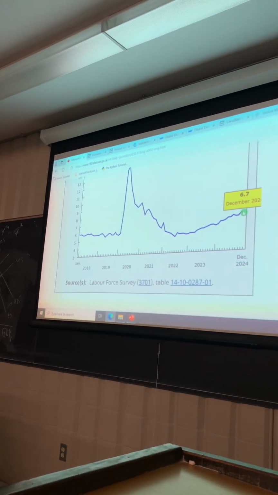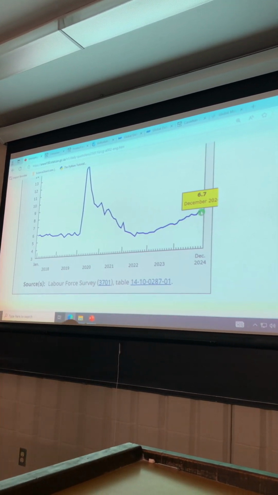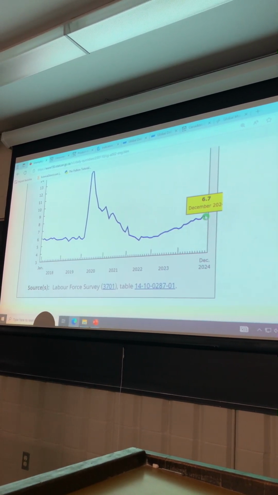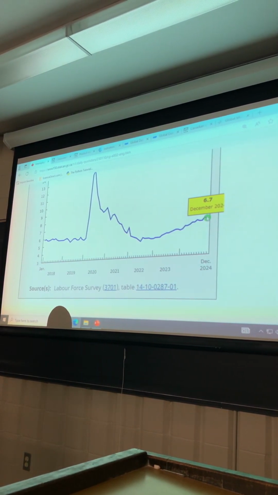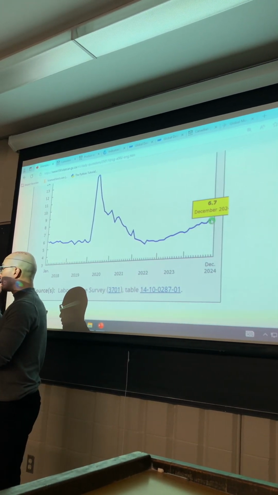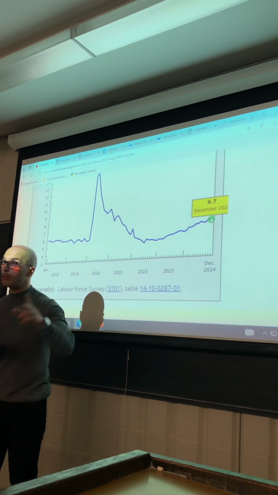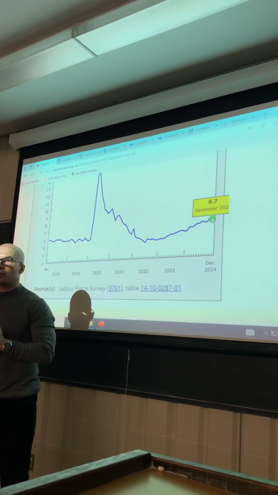Here, you see about 6.7% right now. It's not way above the 6% that we are comfortable with. Remember, the mandate of Bank of Canada is to fight inflation, so they're done with that. Now maybe they can turn their focus on the economy if they feel the economy is slowing down too much. So that's one thing, but the main mandate will be fighting inflation.